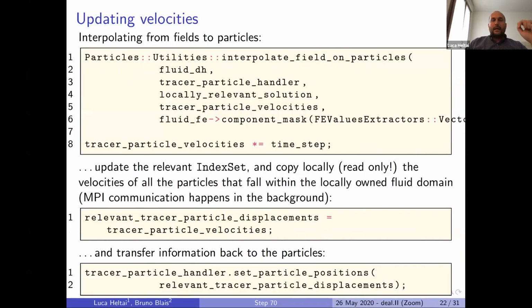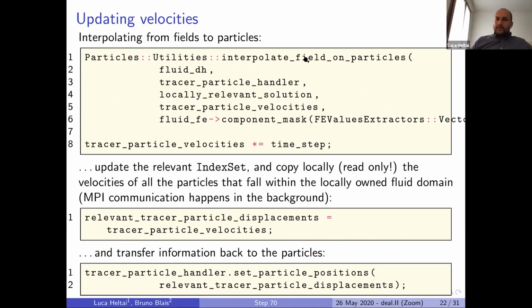And this can be used to exchange information. For example, if you want to update velocities, we have created an interpolate field on particles function that takes a distributed DOF handler, a particle handler, and a solution that allows you to read all particles, or a solution that allows you to store, in the particles, all the locations that are locally owned by the single domain.